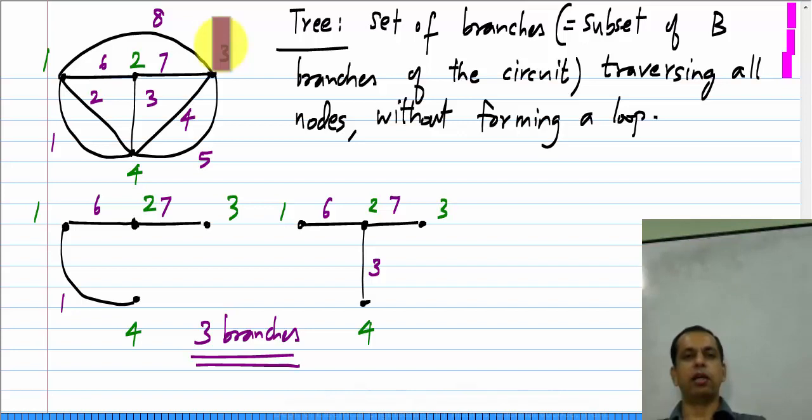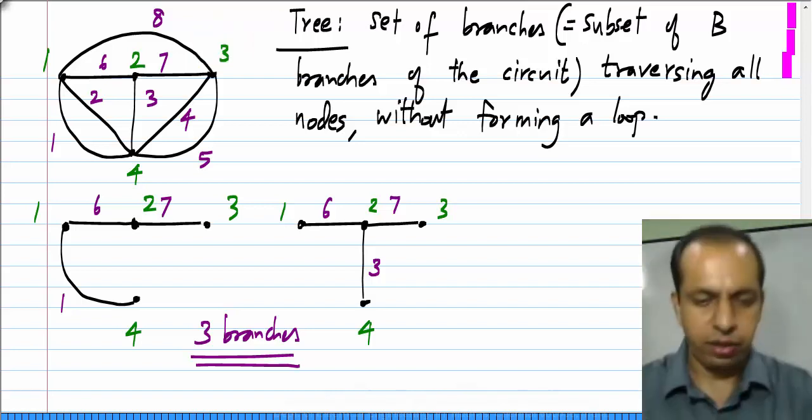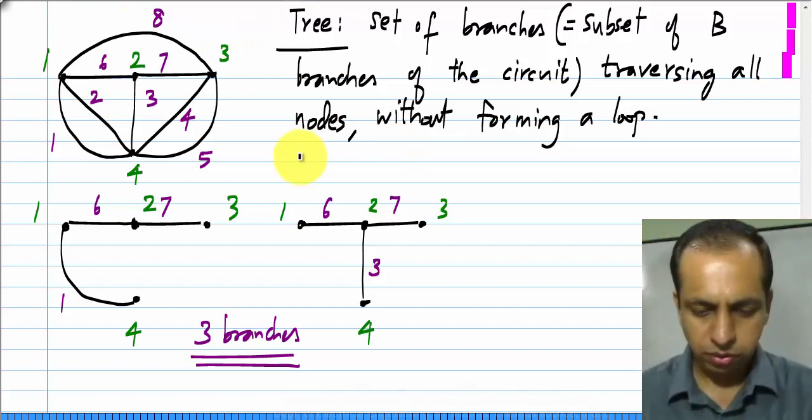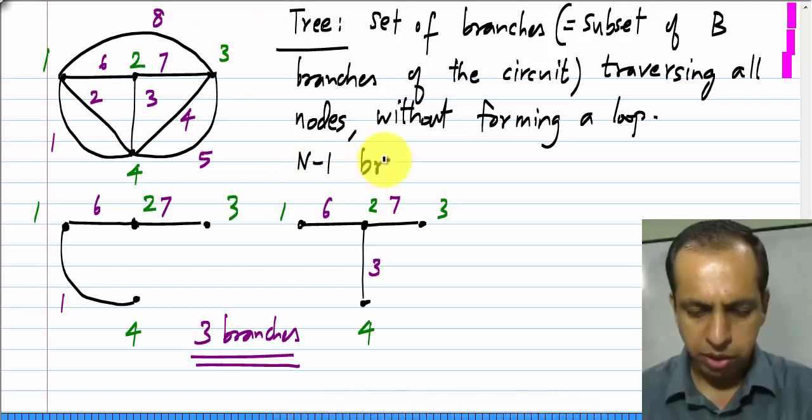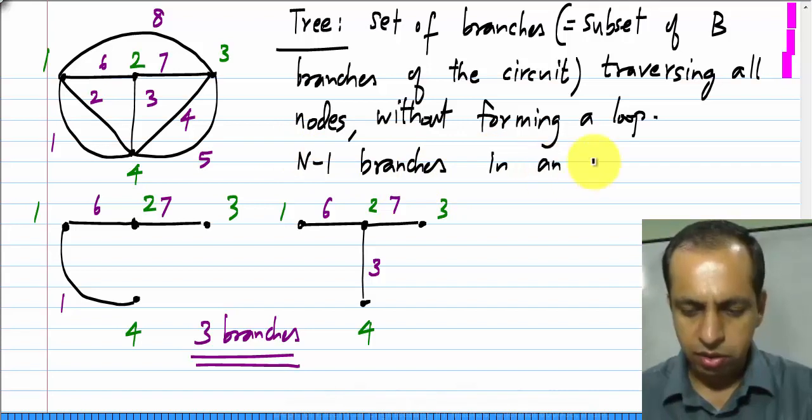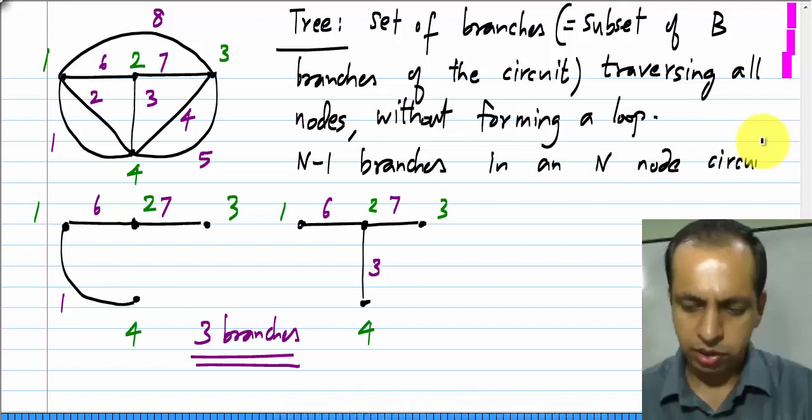So, clearly in going from node 1 to node n, by connecting a branch between every successive pair of nodes, you will have n minus 1 branches. So, if you have n nodes, the tree for the circuit will contain n minus 1 branches.